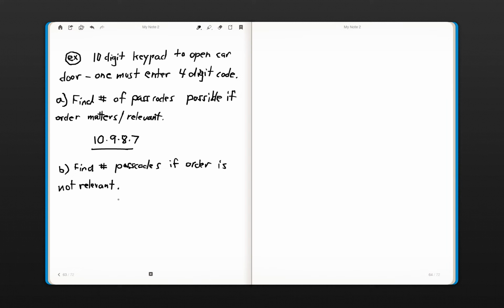But let's say we did have a manufacturer where all it mattered is that the digits matched after you entered them, but didn't really care about the order. So again, you start out the same way we did before. We count the total number of permutations, and then we take out all the extra counting of the permutations that we didn't want. So you just divide by 4 factorial. And as I always do, you can write this as 10 factorial divided by 4 factorial times 6 factorial.